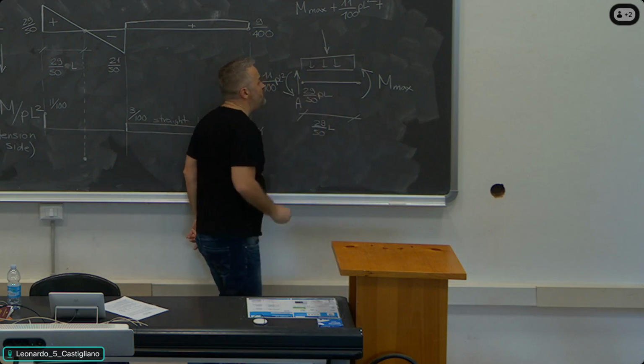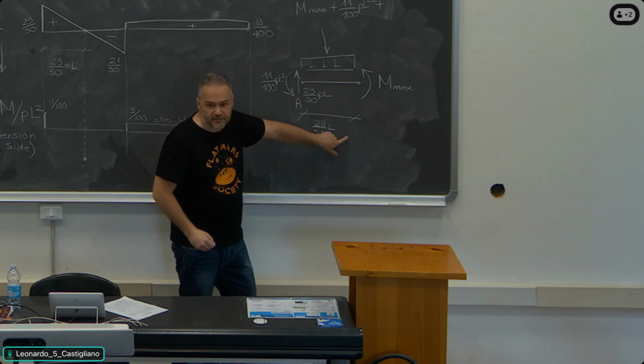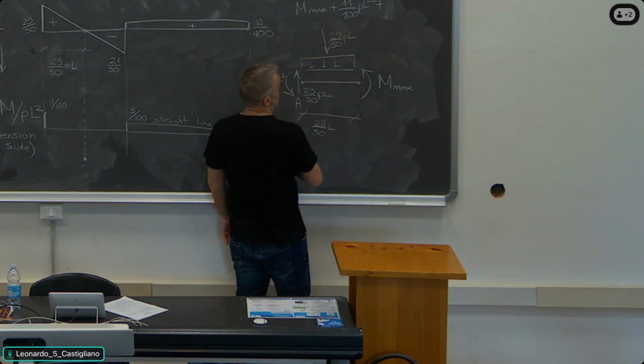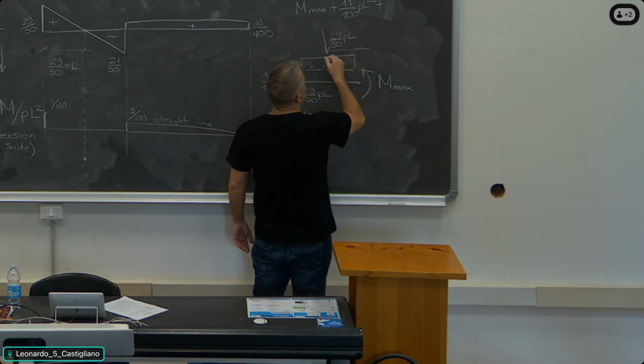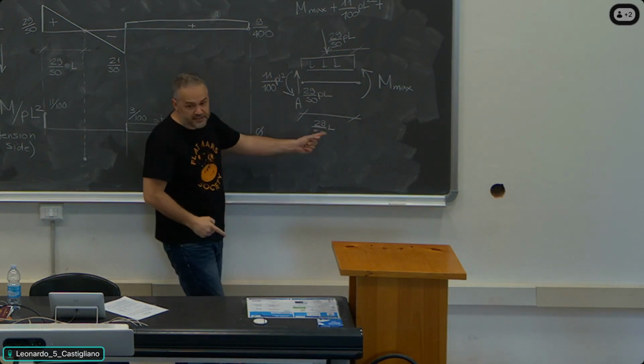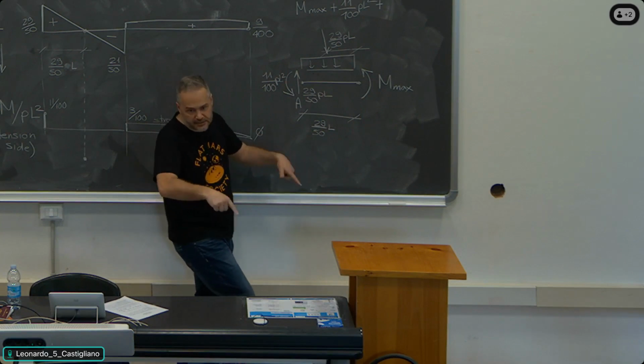The resultant force is P distributed over a length of 29 over 50, so it's 29 over 50 PL. The distance is what? The distance is half of 29 divided by 50. How much is half of 29 divided by 50? 29 divided by 100.